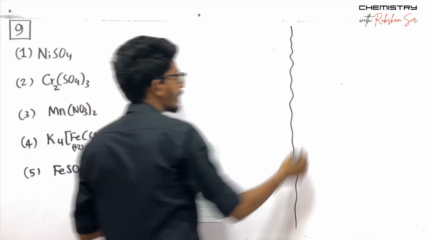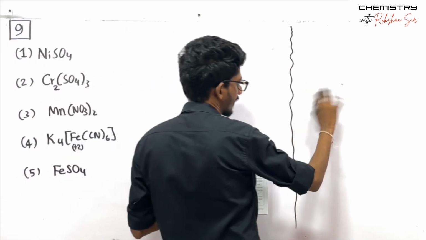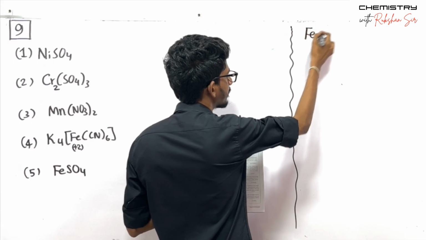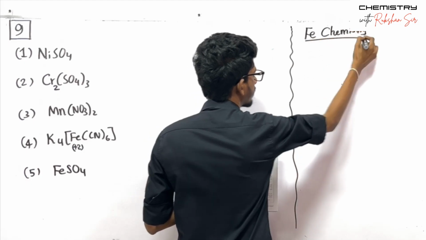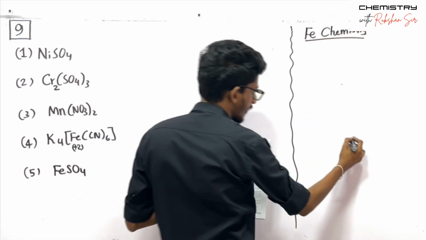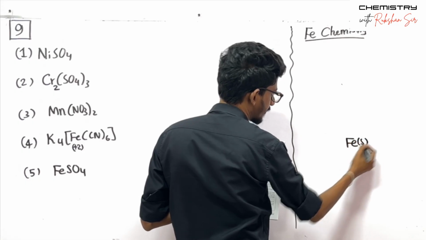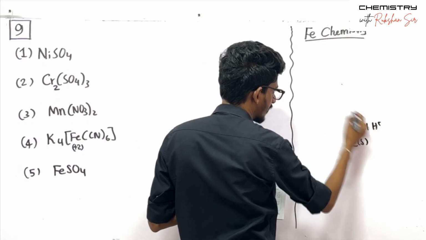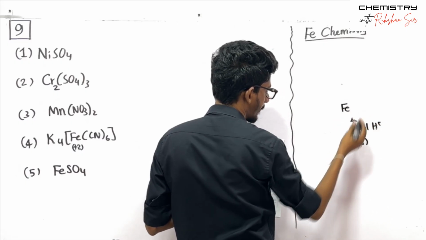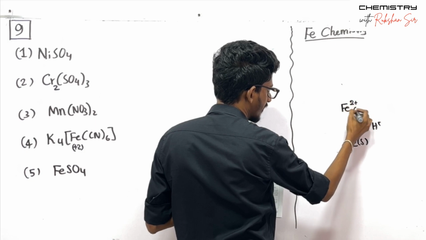So in Fe chemistry, this is what we have learned. We could come up with Fe solid. H plus will convert it to Fe2 plus aqueous.